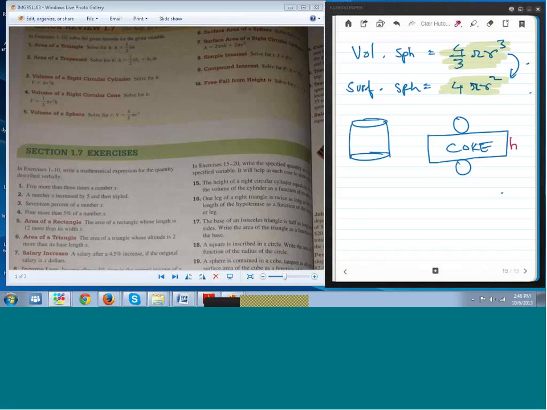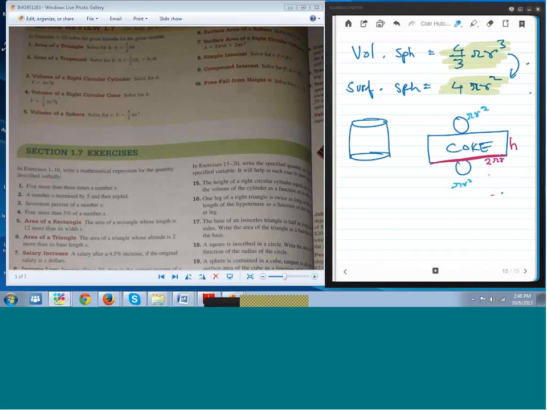So this is the height. And this way, this is basically the circumference of the circle, so this is 2 pi r, right? And what's the area of this circle? Pi r squared. What's the area of that circle? Pi r squared. So basically there are 3 parts to it.